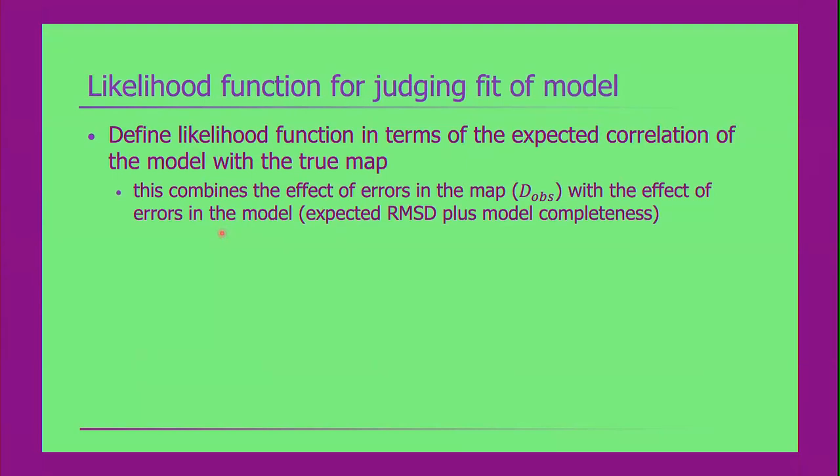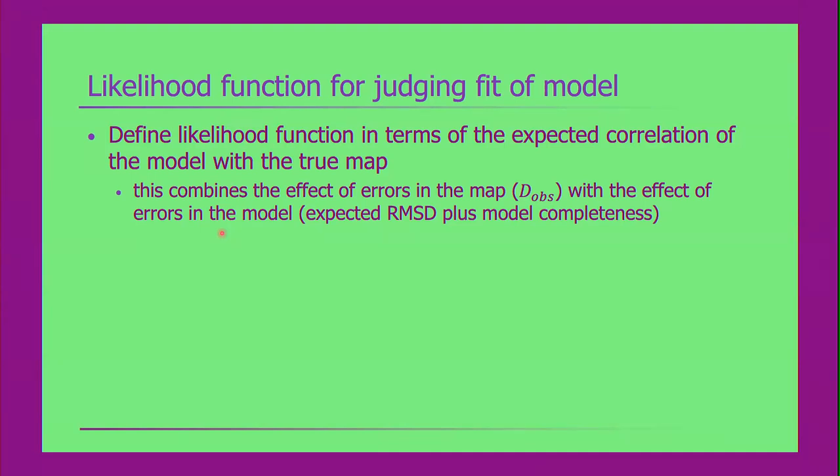Then if we want to figure out what is the likelihood function for judging how well the model fits that map, we also need to know something about the quality of the model. We can do that very roughly, and in these days of AlphaFold models, the errors will be pretty small.